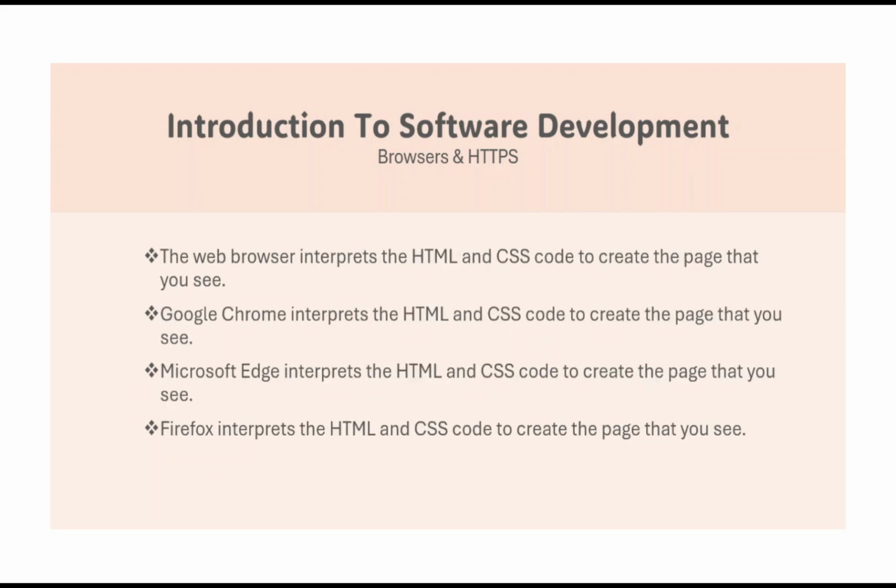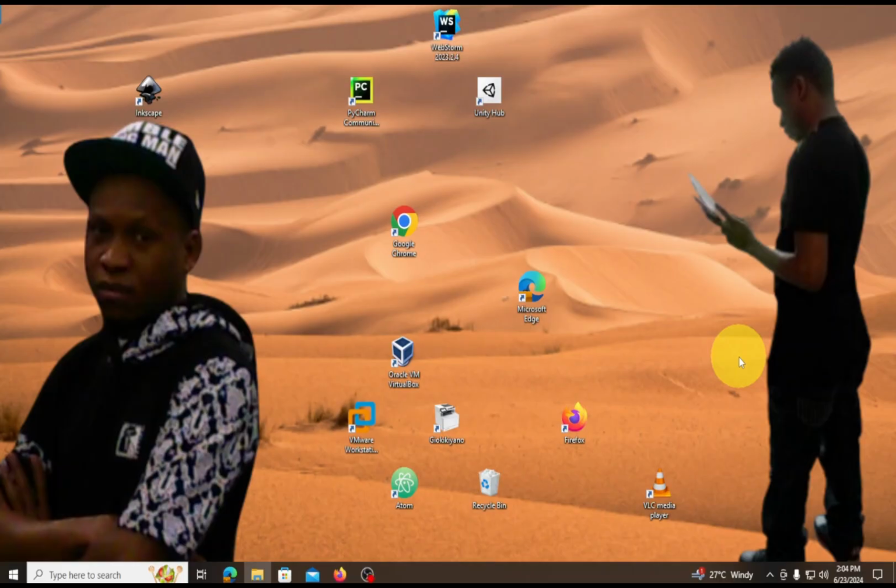I put it like that for you to see. When I say browser, in case you don't get it, I'm gonna show you guys. This is the browser. Google Chrome, Microsoft Edge, Firefox, those are the browsers.